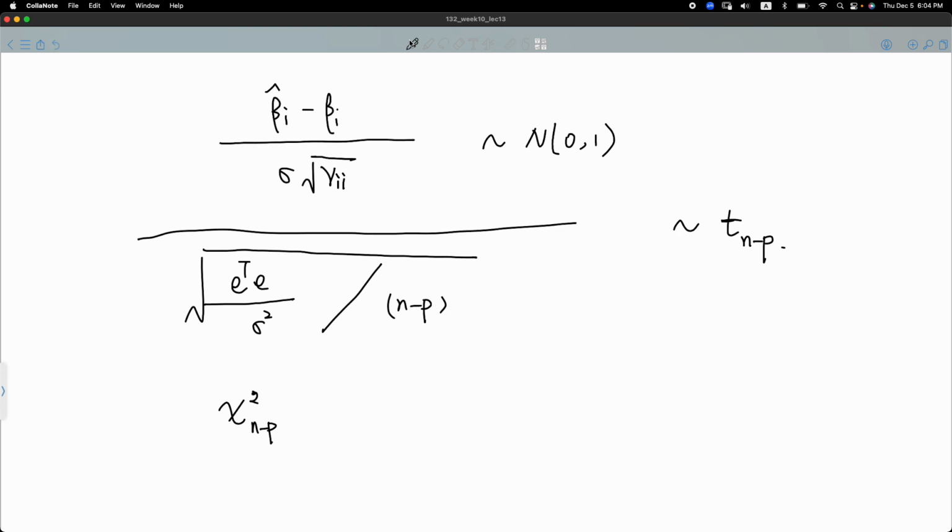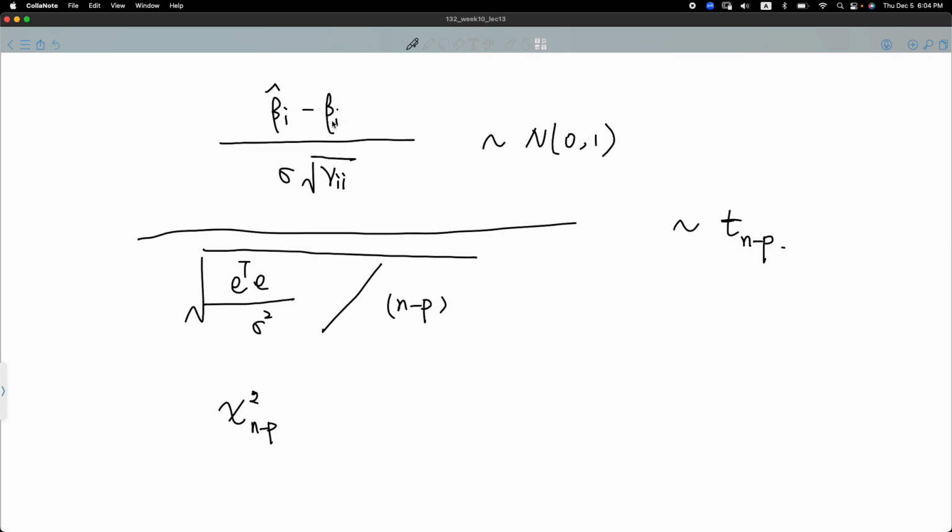So after all these transformations, let's check: does this test statistic, or this formulation, allow us to perform hypothesis testing or not? Here, the beta i hat is calculated from your data, or you can use the closed form solution, X transpose X inverse X transpose Y, to get that.